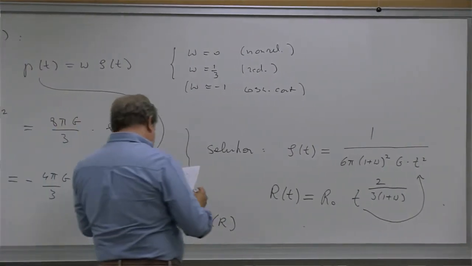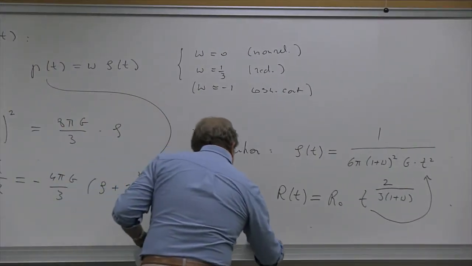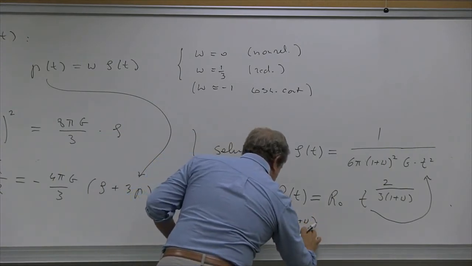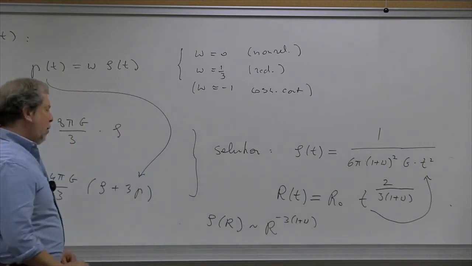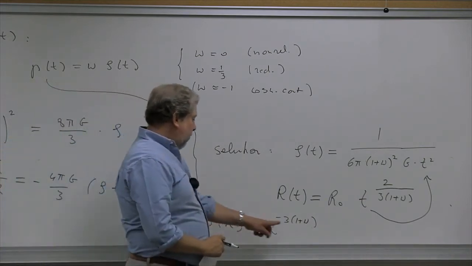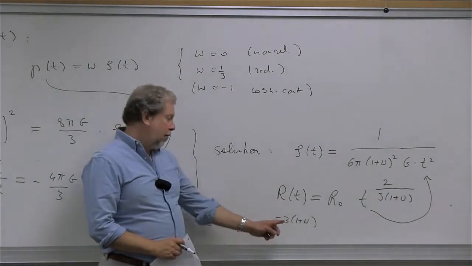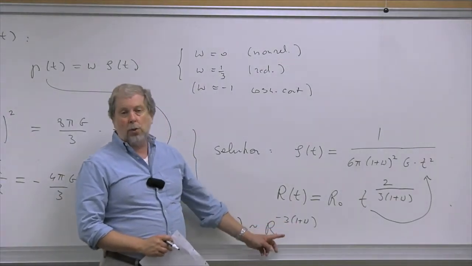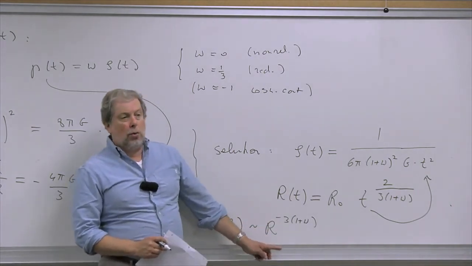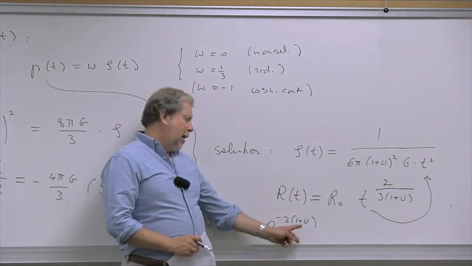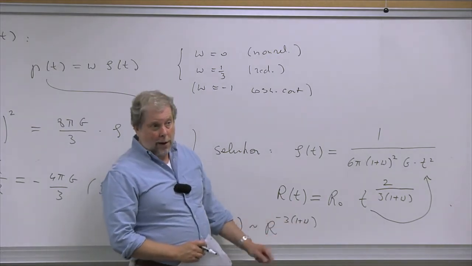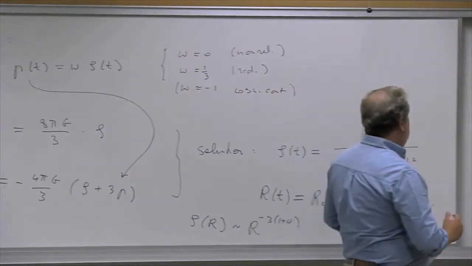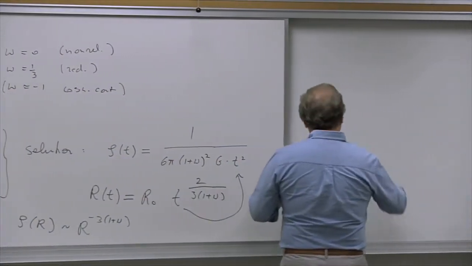And so rho as a function of r goes like r to the -3 times 1 plus W. So in fact, this is in agreement with what I said before, namely when we have non-relativistic matter, W is 0, and the density goes like 1 over r cubed. When you do have relativistic matter, then W is a third, and rho goes like 1 over r to the fourth.